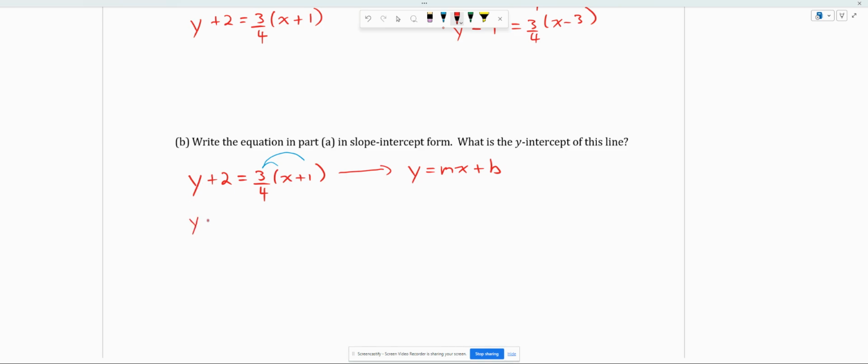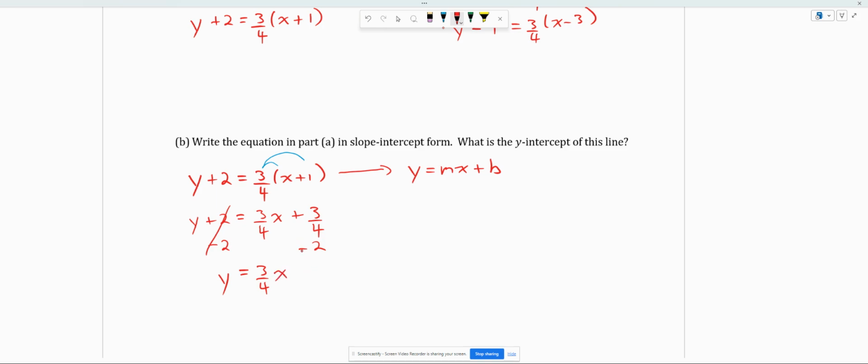It's going to look like y plus 2 is equal to 3 over 4 times x, and 3 over 4 times 1 is just 3 over 4. And now I'm just going to have to subtract 2 on both sides. Subtract 2, subtract 2. That's going to cancel on the left. And y is going to be equal to 3 over 4 x, 3 over 4 minus 2.